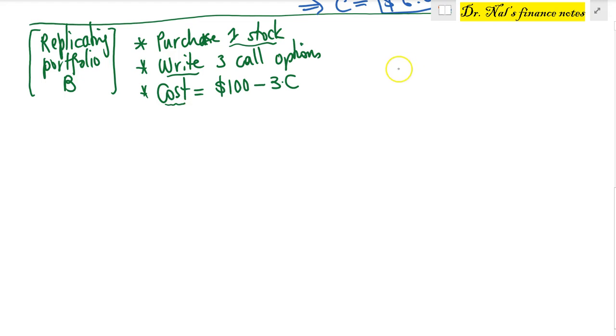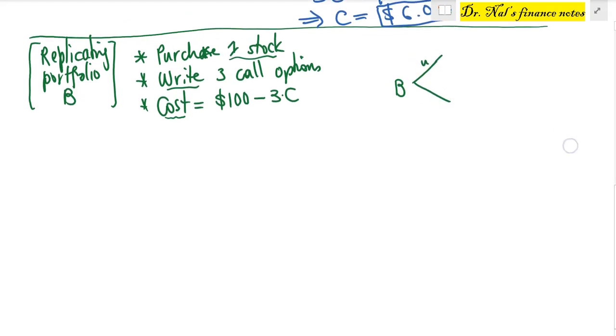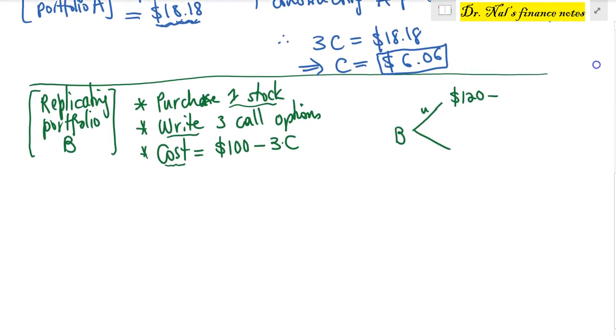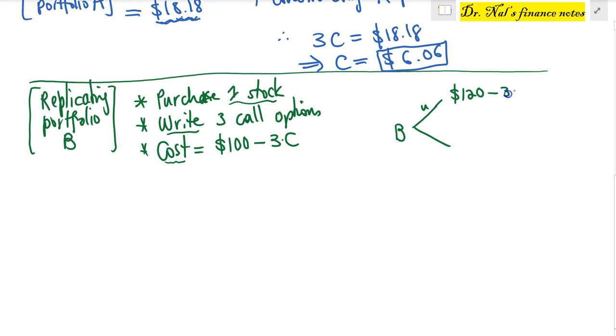What will happen to portfolio B in the next period? Well, in the up state, when the stock price goes up to $120, because I purchased a stock, that would be $120, minus, in the up state, remember that the call option expires in the money. So as a result, it will be 3 times $10, for a $90.